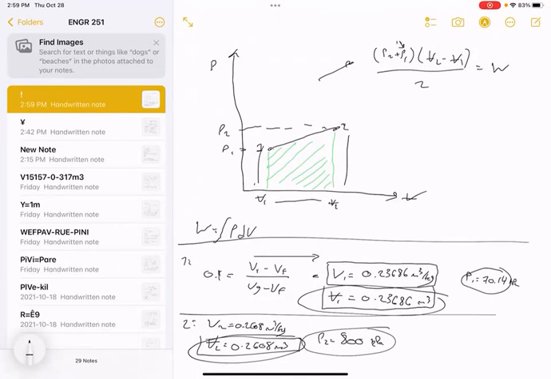So we went 0.2608, which is our final volume, minus the initial volume, which is 0.23686. Divide by 2, getting a work output, or input in this case, of 10,415.58 kilojoules.